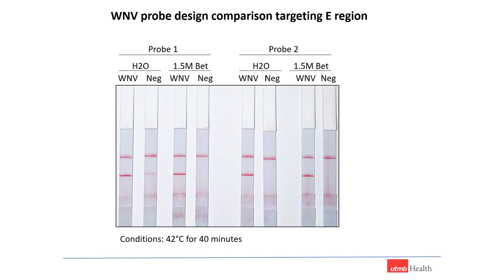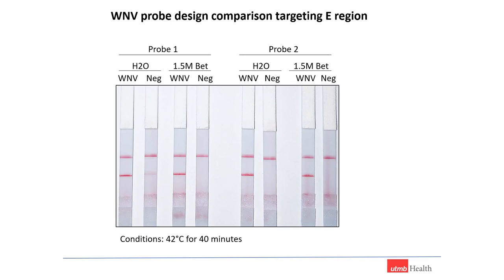But once I added betaine, that non-specificity went away. On probe 2, which had the identical sequence to the West Nile sequence that I was using to design the probe, it worked and had no non-specific binding.